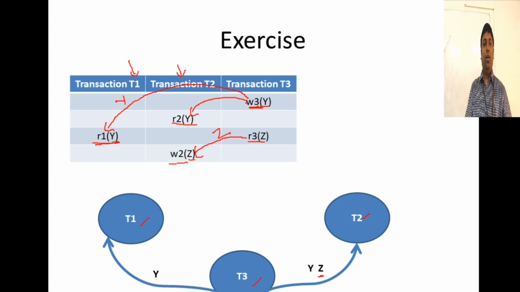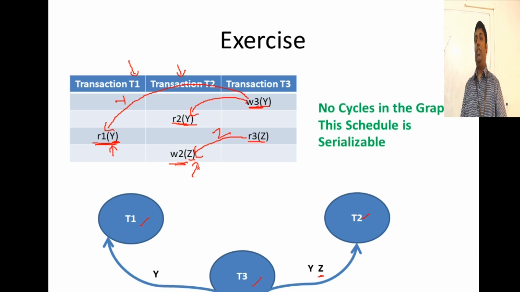This guy is doing a read of Y and this guy is also doing a read of Y. This is no conflict, so we are not worried. What about R1 of Y and W2 of Z? These two are accessing two different items, so again there is no conflict. So finally the graph is done. Is there a cycle in this graph? There is no cycle, so the schedule is serializable.